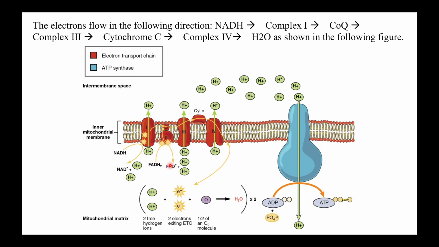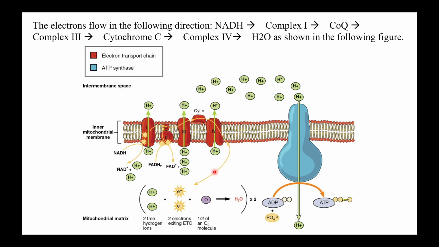FADH2 will get converted into FAD plus, and that electron will also be transferred to coenzyme Q. From coenzyme Q, the electrons will move to complex 3. From complex 3, the electrons will move to cytochrome C, and cytochrome C will transfer the electrons to complex 4. From complex 4, these electrons will be accepted by the oxygen molecule.